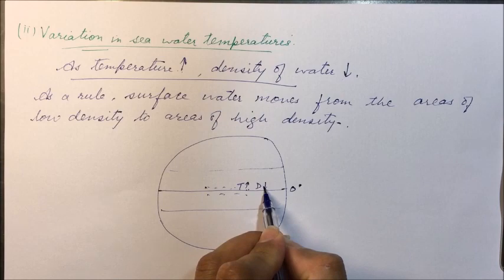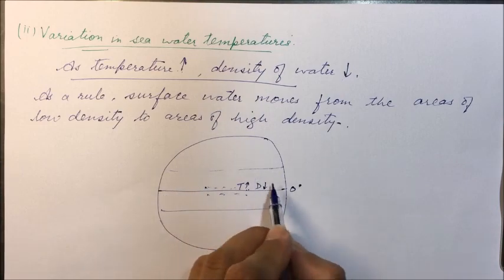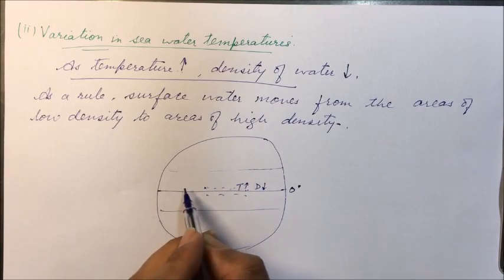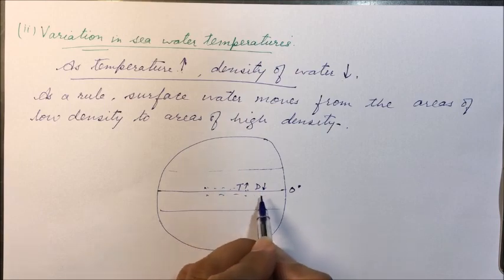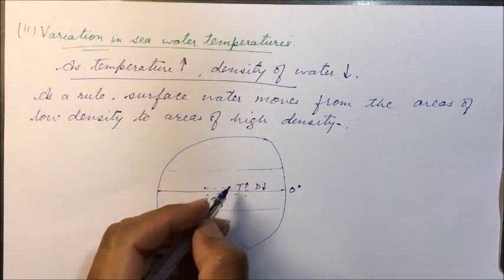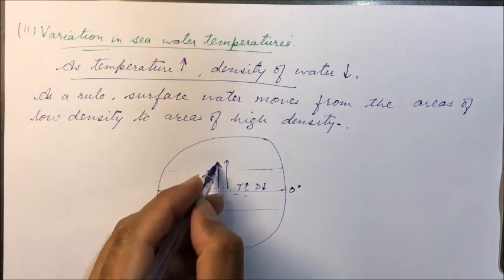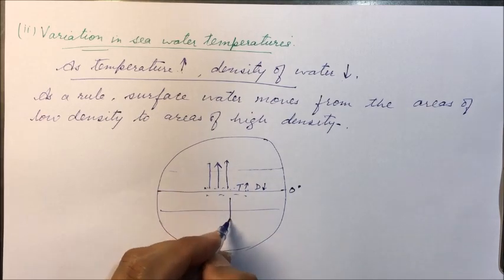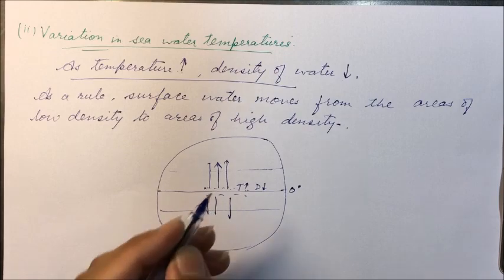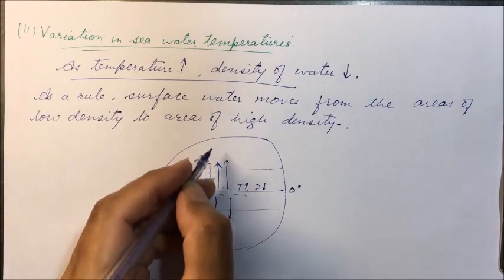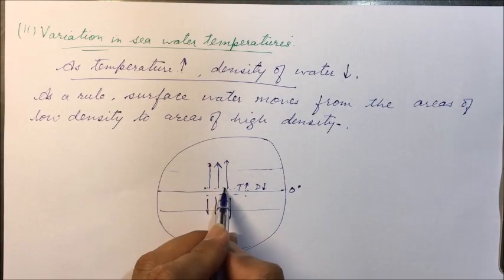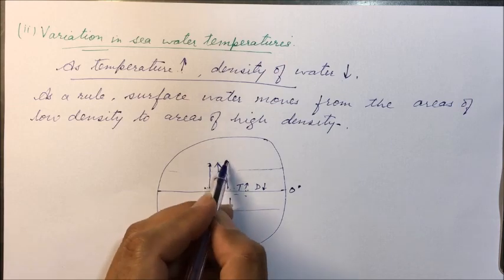The water in this region will become less dense, more light. Now it will move towards the poles, towards the colder regions, and being light, it will move on the surface.